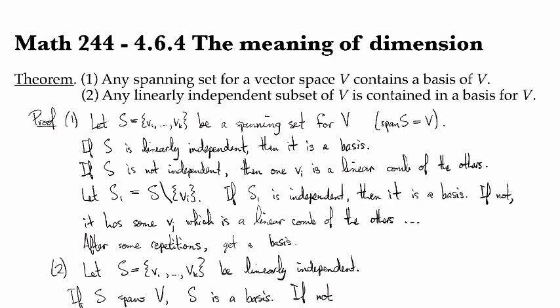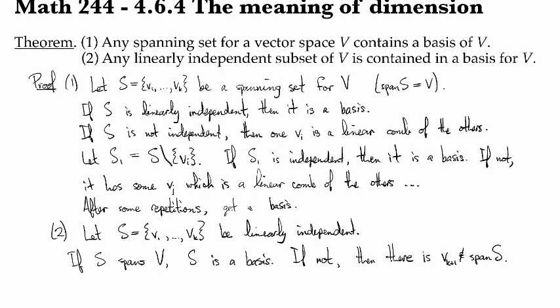If it doesn't span V, then there's some new guy, let's call him v_{k+1}, so he's not on our list yet, and he is not in the span of S. So if the span of S is not all of V, then there's something that's not in it. Take that thing, call it v_{k+1}, and then we just add it. For sets, it's called union. So let S1 be S union our new guy. We throw in v_{k+1}.